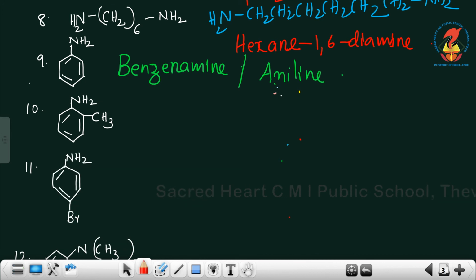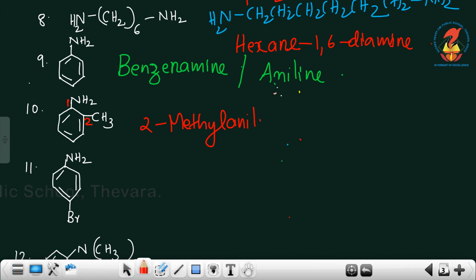Now the next one is a benzene ring containing one NH2 group and one methyl group. According to priority, number 1 here, 2 here. So it can be named as 2-methylaniline or 2-methylbenzenamine. Now aniline containing a methyl group has a common name called toluidine.